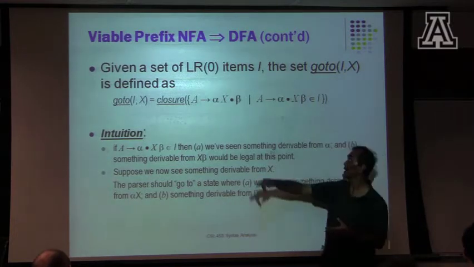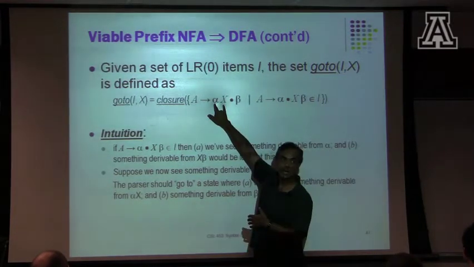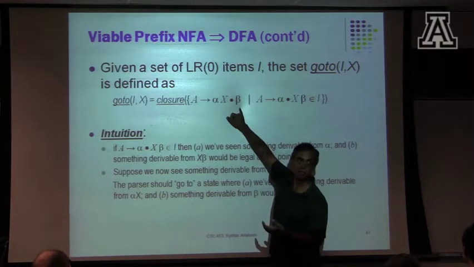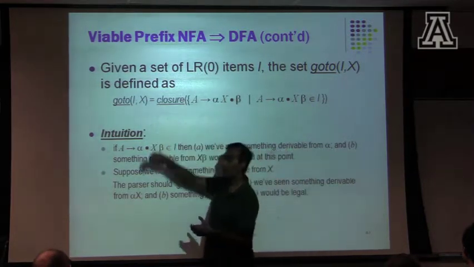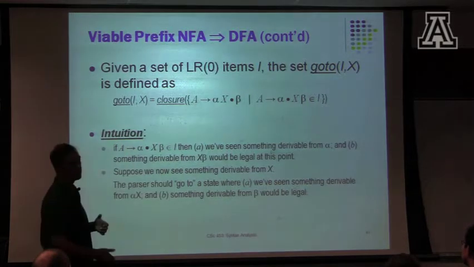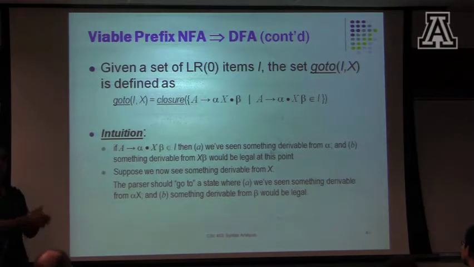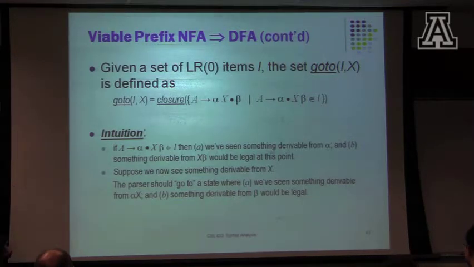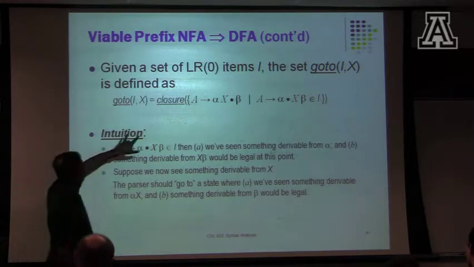In the new state, I have now seen alpha X, and I'm waiting for beta. At this point, I find all of the states that I can reach via only epsilon transitions. So I close off under epsilon transitions. That's the closure.